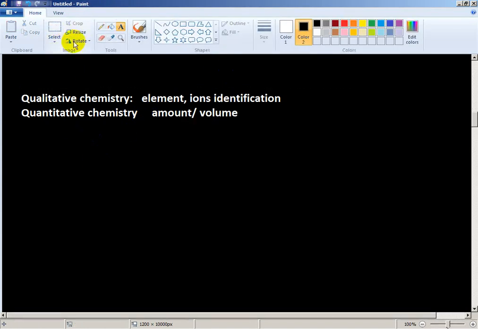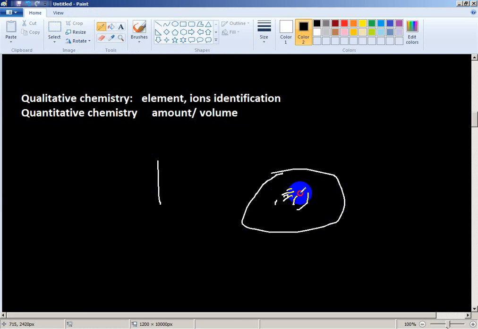Like, this sample contains calcium chloride salt.